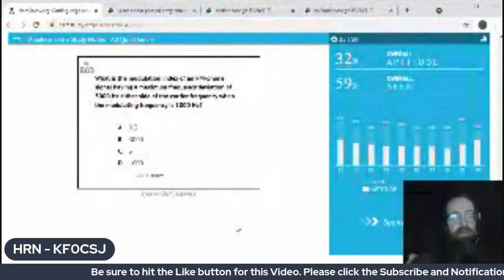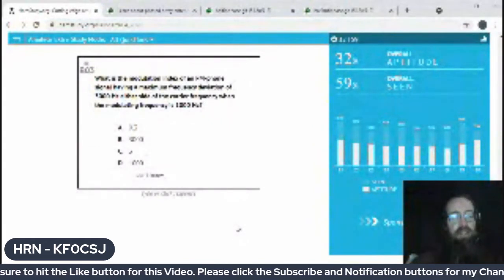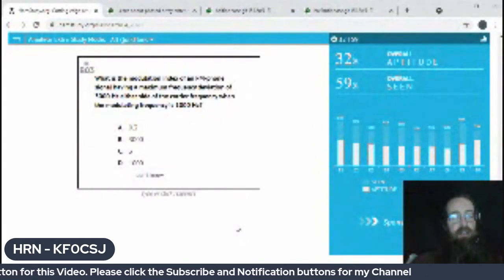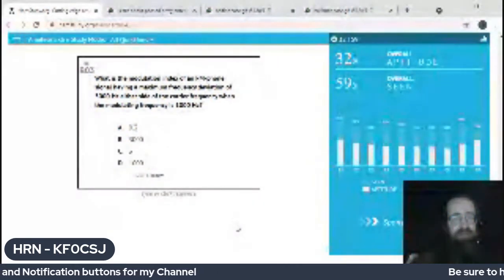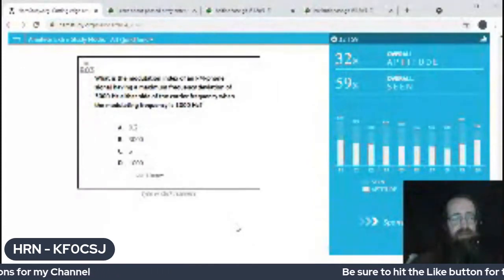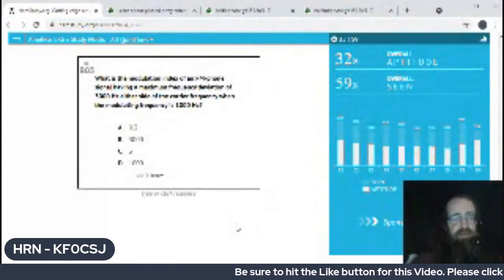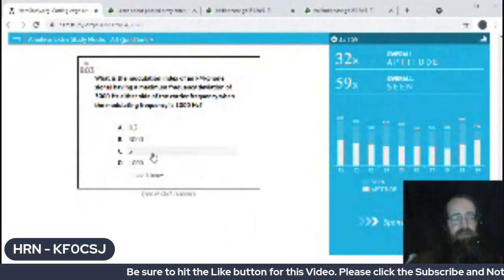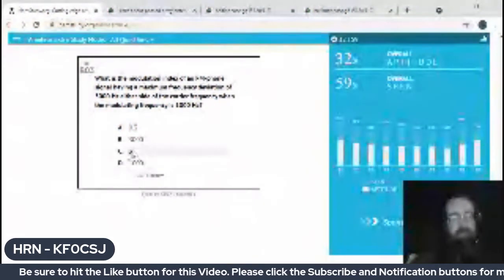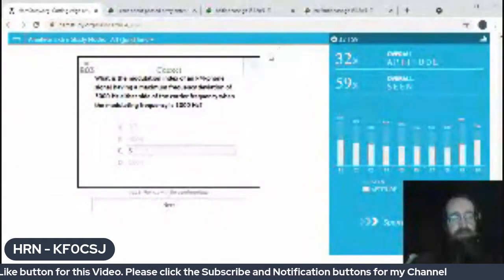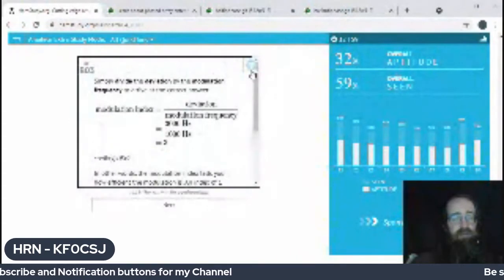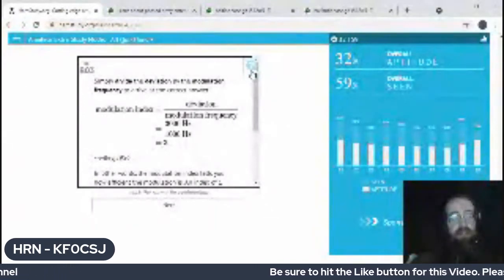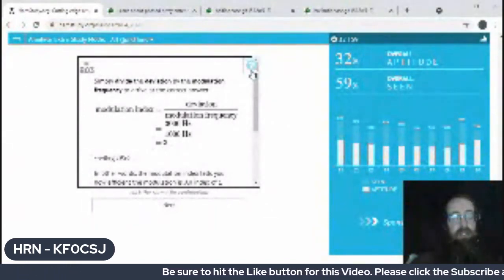So deviation of 3,000, modulating frequency of 1,000. Okay. So that's a simple one. It's just deviation divided by the modulation frequency.